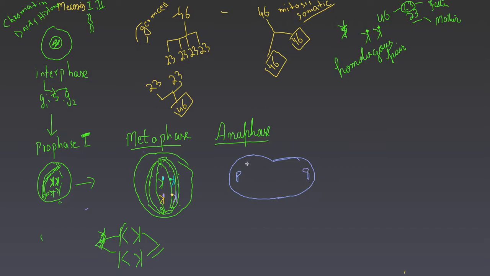So now you have these 4 sets of chromosomes. I mean 2 here and 2 here. Now in anaphase, they just pull themselves apart. The microtubules are pulling them apart, and these indentations which are starting to form are called the cleavage furrow.